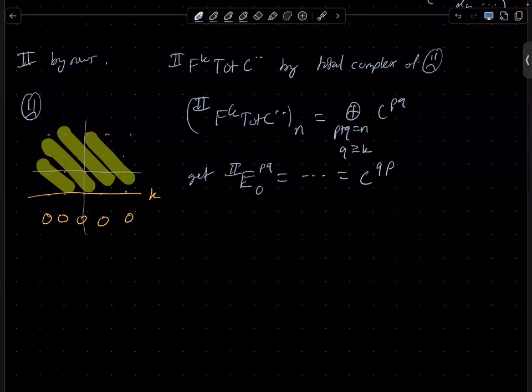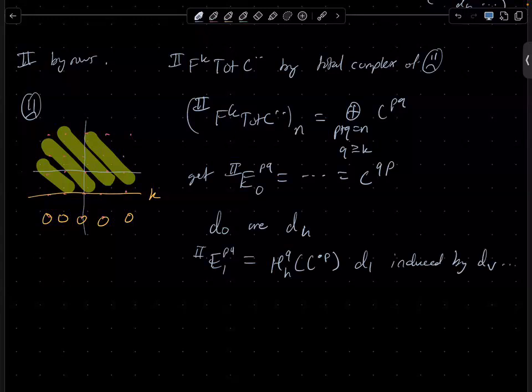And so what'll happen is now the d0 are the d_H. And so E1 PQ in the second one is just going to be the horizontal cohomology at Q of C bullet P. And then d1 are induced by d_V.